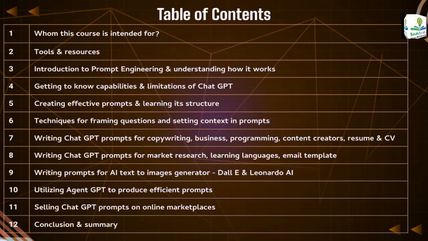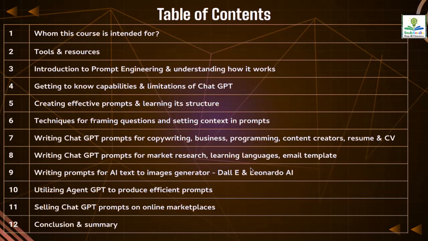So that's chapter 8. Let's move on to the next one here, chapter 9. We're going to do a very similar thing, but instead of writing a prompt for ChatGPT, in chapter 9 we're going to write prompts for AI text to image generators. There are many different AI text to image generators nowadays, but we're just going to concentrate on these two, DALL-E and Leonardo AI.